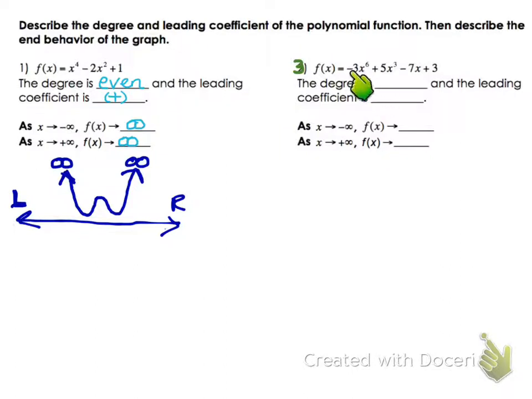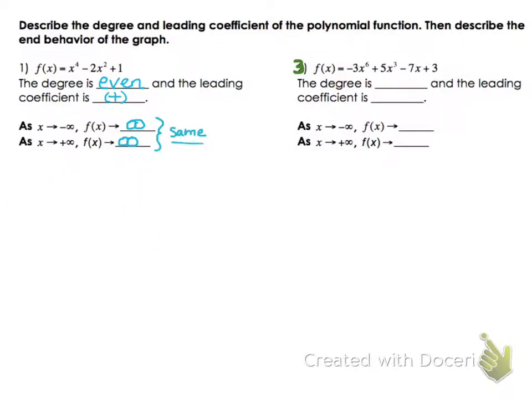Okay, let's look over here at number 3. Inspect every term. The highest degree is a 6. 6 is even. And the leading coefficient is -3. That is negative. So now again, now that we know that the leading coefficient is negative, we know that the right side of the graph, the arm is going down. That's this one right here.